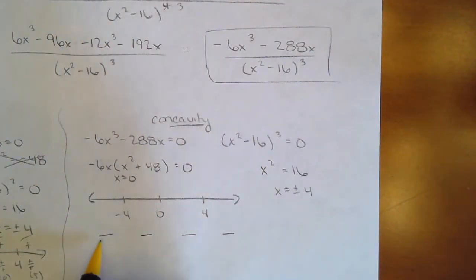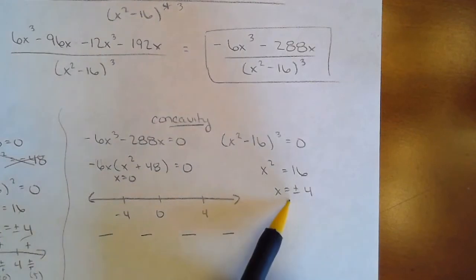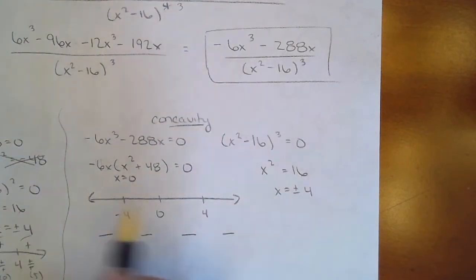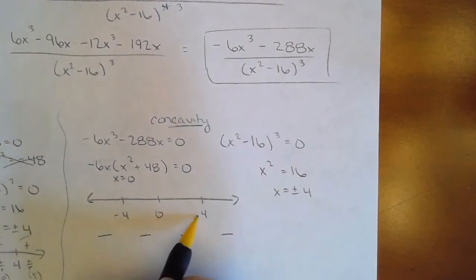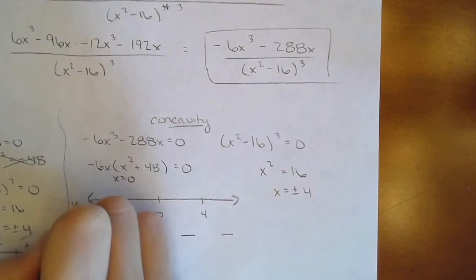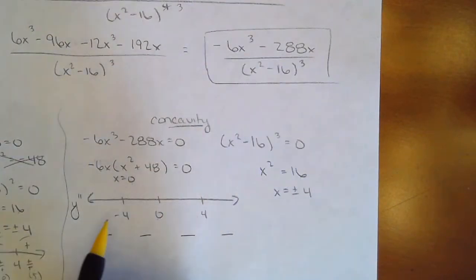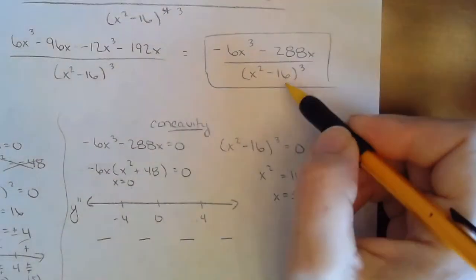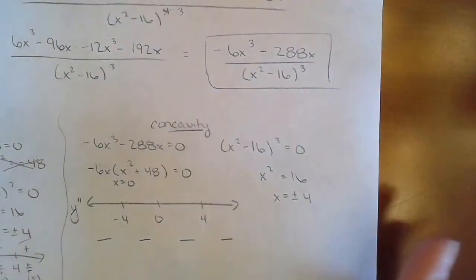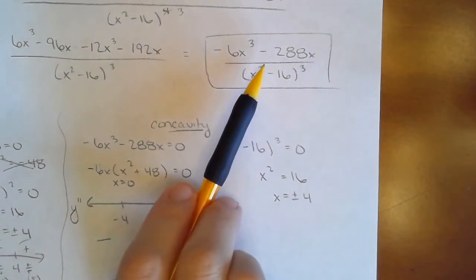All right, now I've already made my number line and put my numbers where the second derivative is 0 or is undefined on the number line. Let's remind ourselves that we're plugging values that are in between these numbers into the second derivative. So I've drawn little fraction bars, again, to remind us that we just need the signs. We don't need actual values. And I'm going to use this fraction.